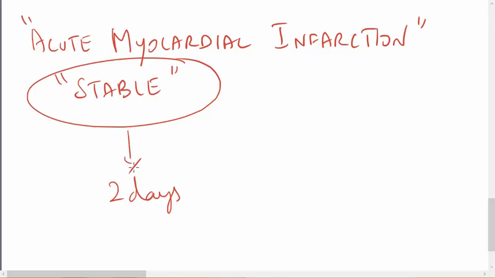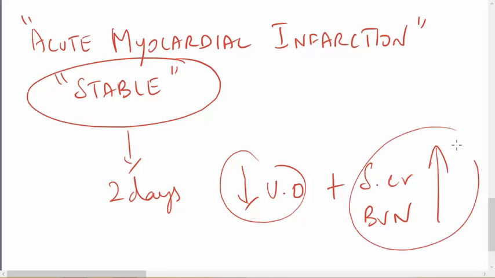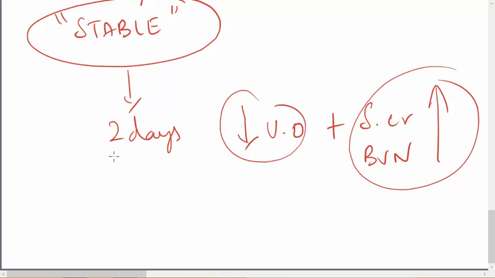his urine output drops. He is going for decreased urine output, and here they gave blood urea nitrogen. Usually they give serum creatinine. Blood urea nitrogen is increased. Obviously, if urine output goes down, this will increase, right? So the patient is going into renal failure within 2 days.